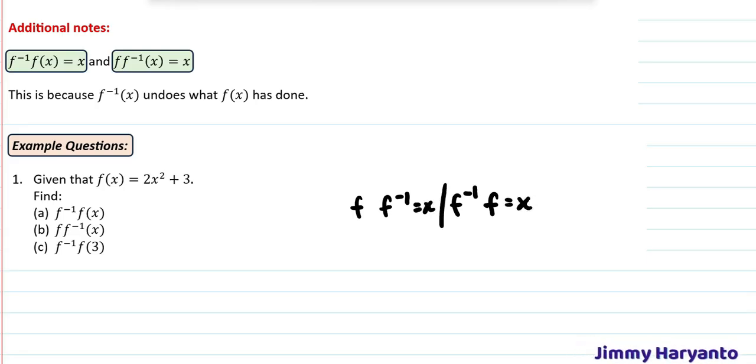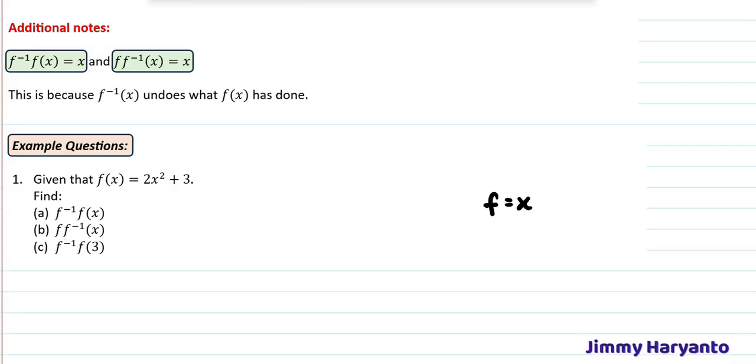Yeah, so the result will become x. This is because f inverse undoes what f(x) has done. We already know this before. f inverse undoes what f(x) has done. That means it will go back to the x itself.